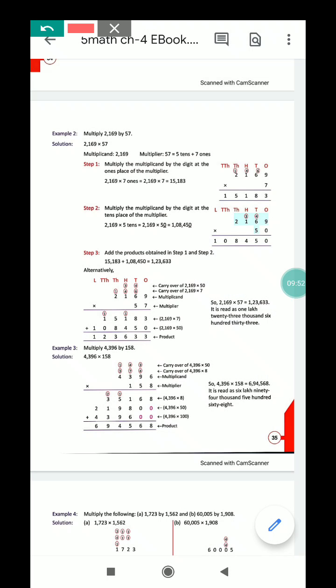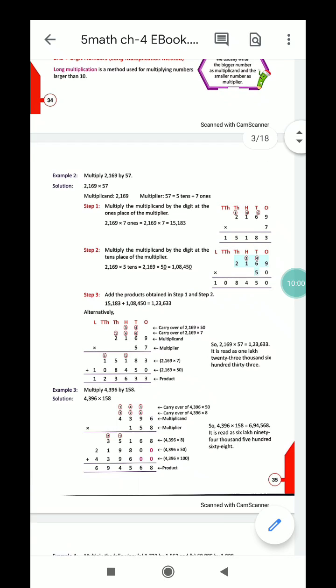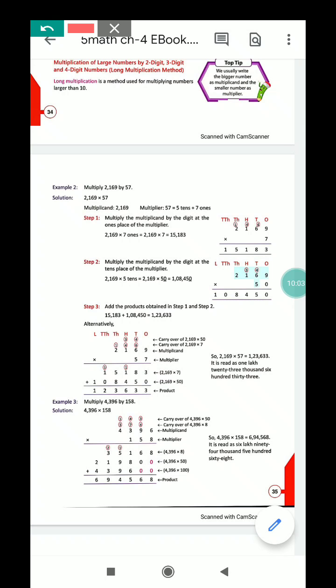Similarly we will do these calculations and then we will add this and this. So 3 plus 0 equals 3. 8 plus 5 equals 13. 3 carry 1. 4 plus 1 is 5. 5 plus 1 is 6. Then 8 plus 5 is 13. 3, we have written, carry 1.